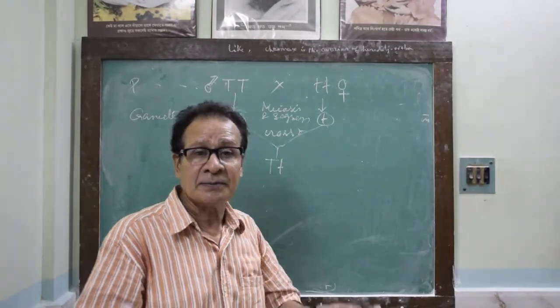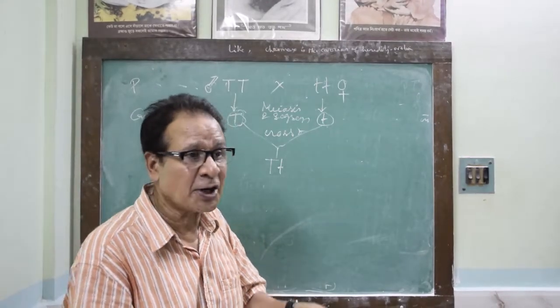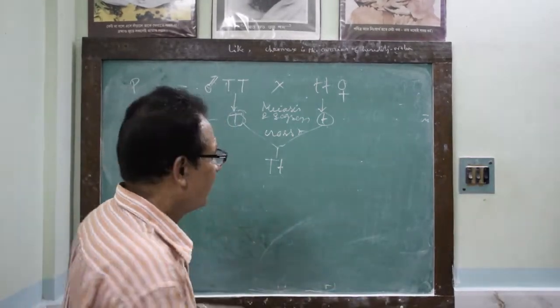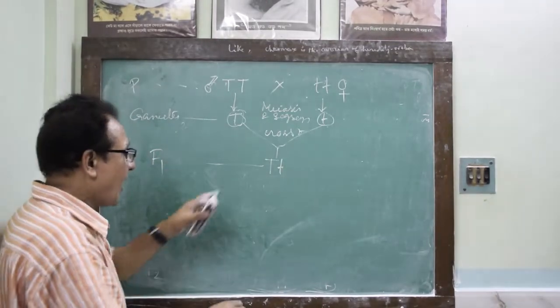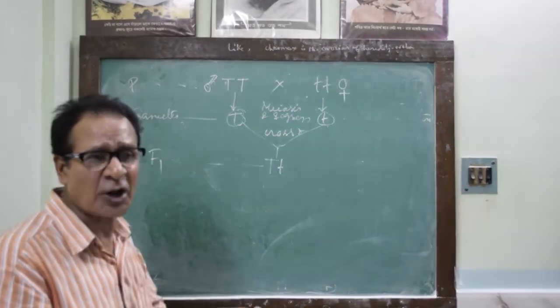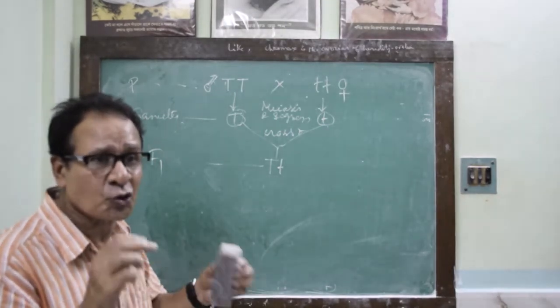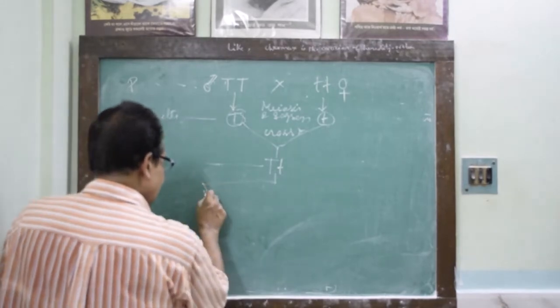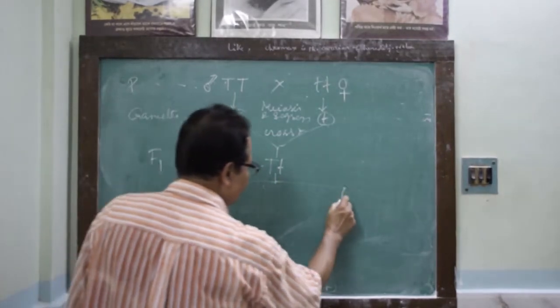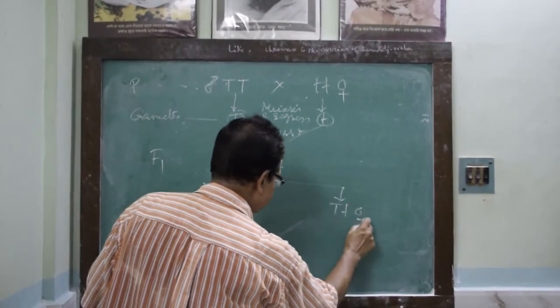seed, and after cultivation he obtained all tall plants. It is the F1, first filial generation, and as in the F1 generation all the plants were tall, he allowed self-pollination. Capital T, small t, capital T, small t.